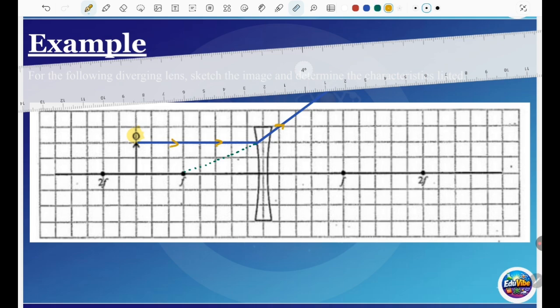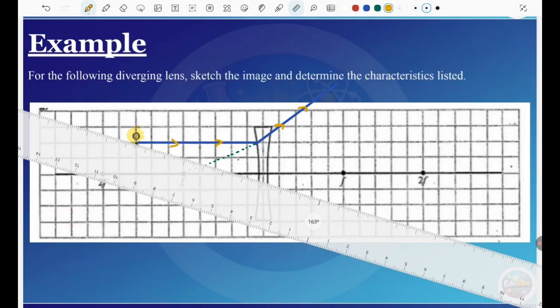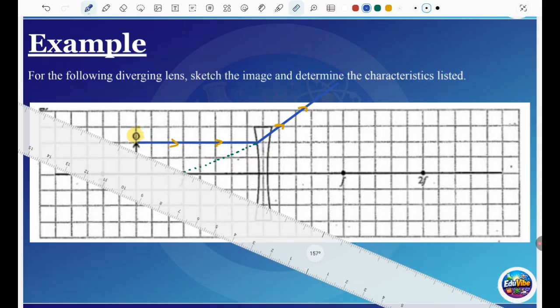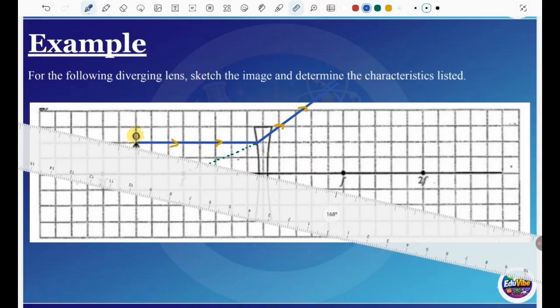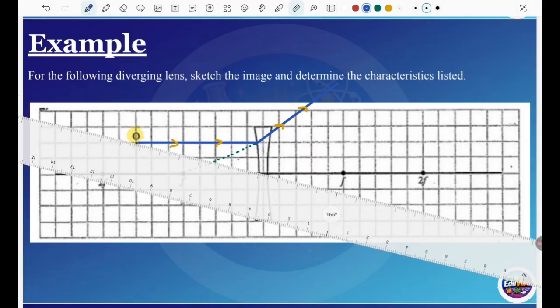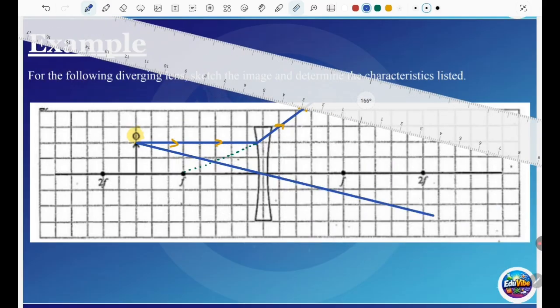To cut this line, I draw the line which goes straight to the optical center and does not bend, and it will cut at this point. So from the object, I make that line. Make sure it passes through the optical center. This is the center of the lens, and you can draw it right over there.